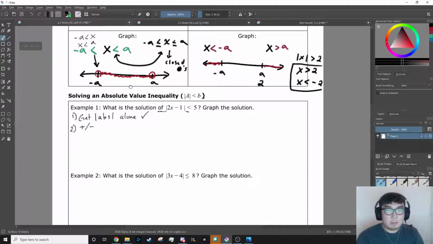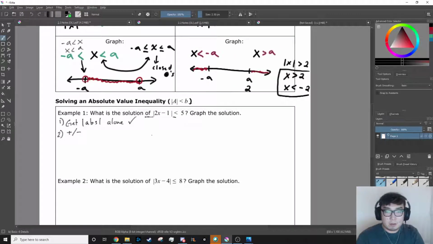And I'm going to actually make it into one statement. But let's try it out. So 2x minus 1. I know that step 2 is talking about getting rid of my absolute value symbol, so I did. I'm going to make a positive version of my 5.